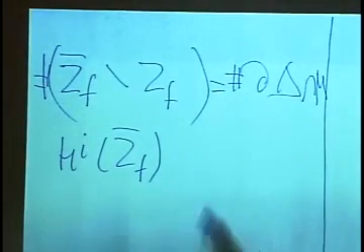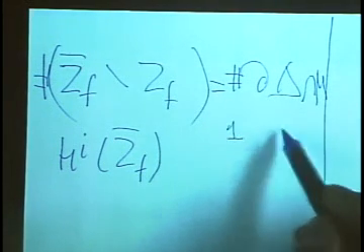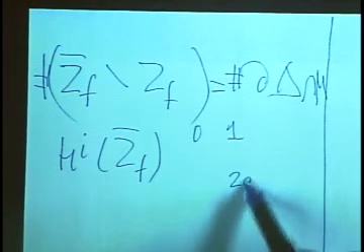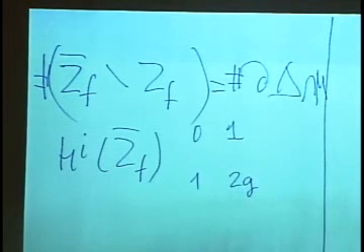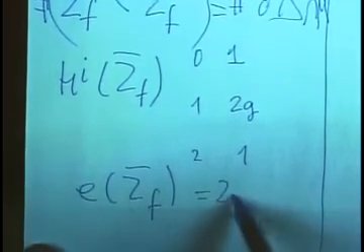A projective curve has cohomology of rank 1 in degree 0, rank 2g in degree 1, and again rank 1 in degree 2. So we have such Betti numbers. That means the Euler number of this compact curve will be just 2 minus 2g.